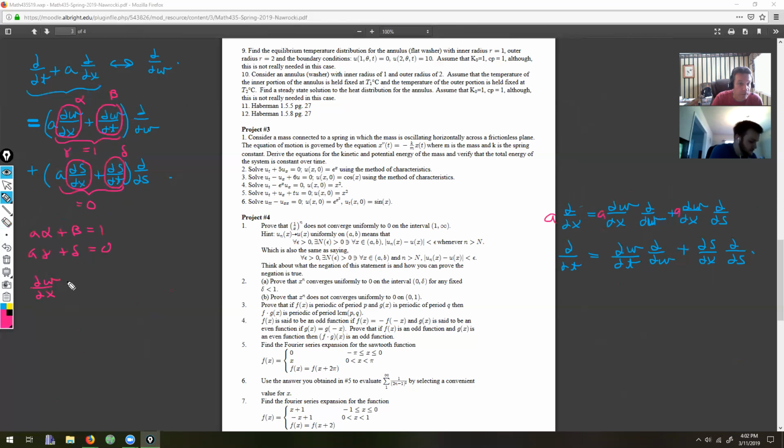Okay, so this guy right here, that's alpha. I'm not going to write all those equations out. Let's just say W equals alpha x plus beta t from these equations, and S is going to be gamma x plus delta t, right?